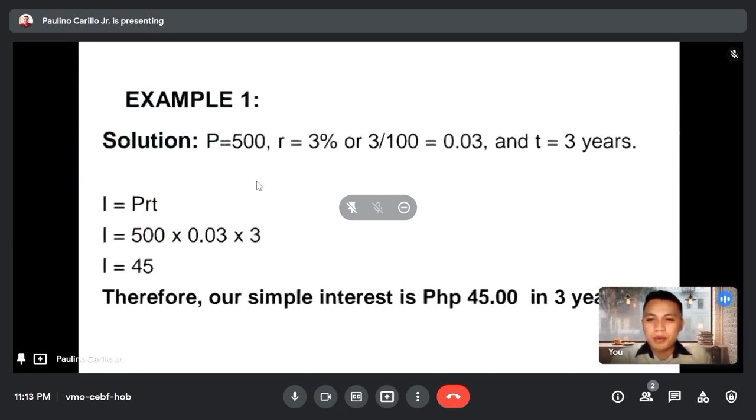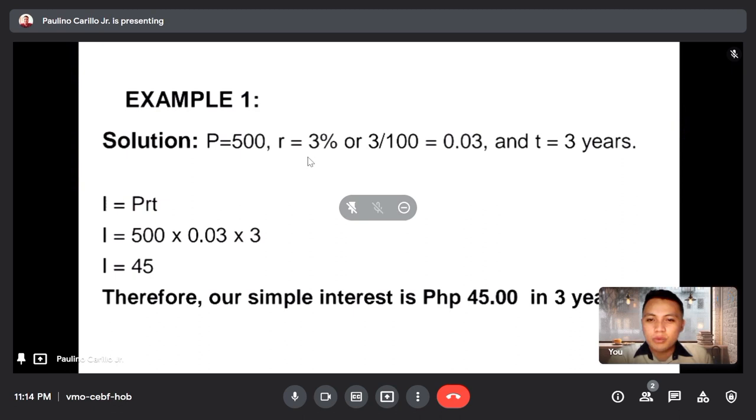Now, from the problem, we are going to determine also the given values, which is 500, our principal. The rate, of course, 3 has the percent symbol, therefore this is our rate. And T is 3 years, because this is in terms of years. Now, you're going to ask me, sir, why transform 3% into a decimal?